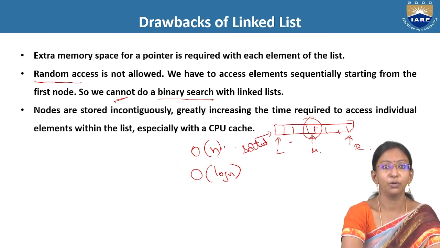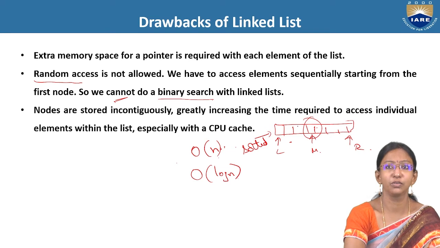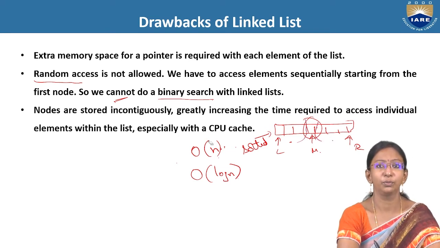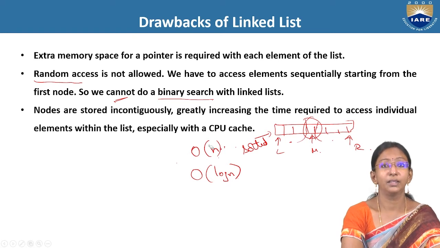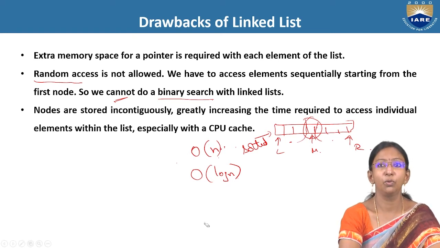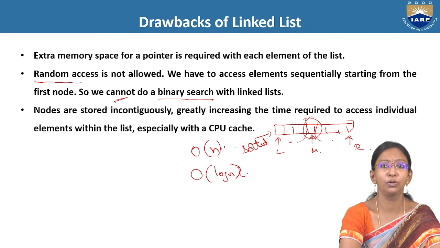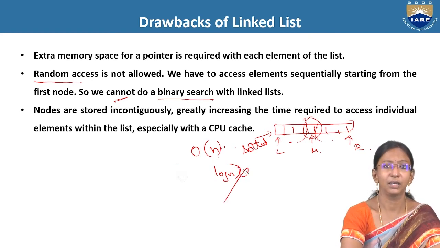Which is not quite possible to implement with a linked list. Every time I'm going to break this list into two halves, right? That is difficult, and the complexity rises. It will be no longer log n if you want to implement the binary search logic using a linked list. It will be much higher.